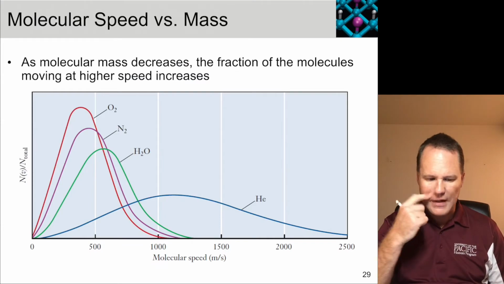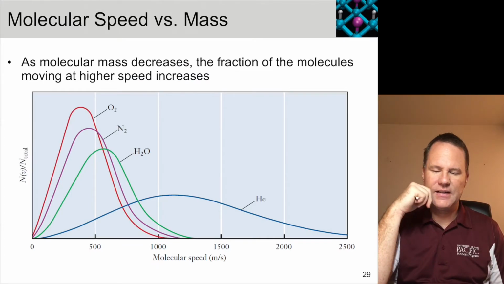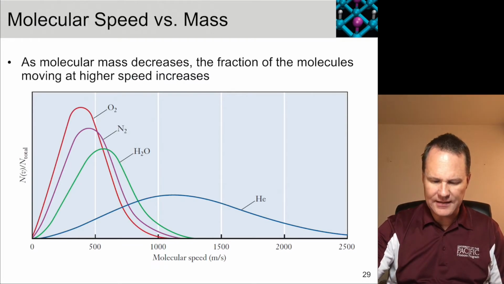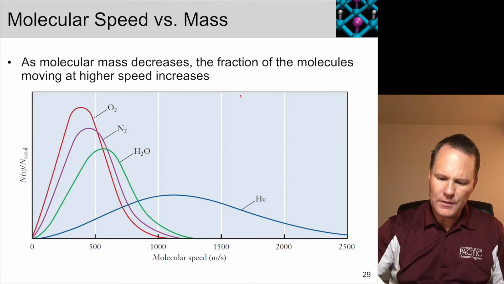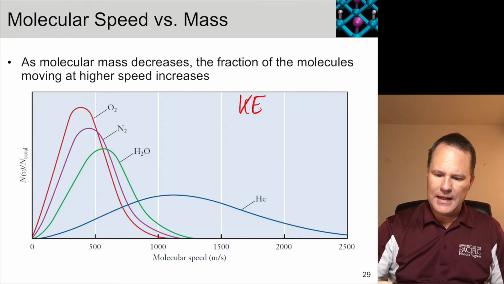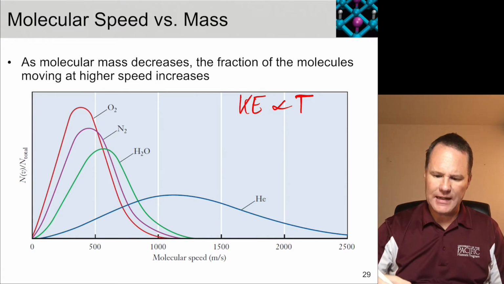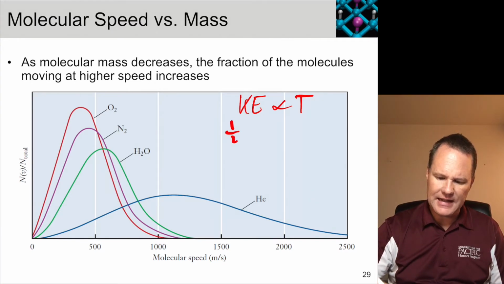Now, how does the speed depend on the mass of the gas? And that's kind of important, right? Because you know that the kinetic energy is just a measure of the temperature, the average kinetic energy. What is the average kinetic energy? It's something like one half times the mass of the particle times the velocity squared, right?